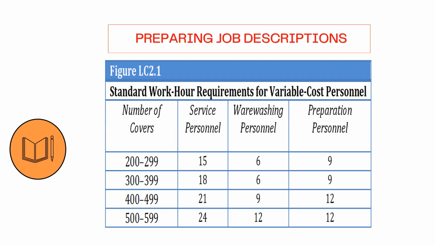Given that level of sales volume, one can determine from the chart illustrated here on your screen the standard work hours required for that level of sales as follows. Service personnel would be 24, warewashing personnel would be 12, and preparation personnel would be 12.